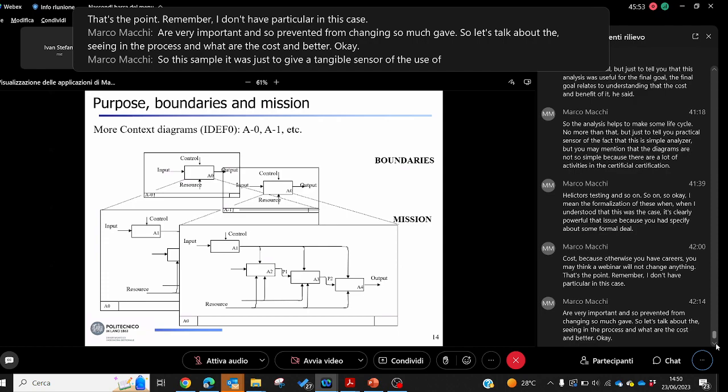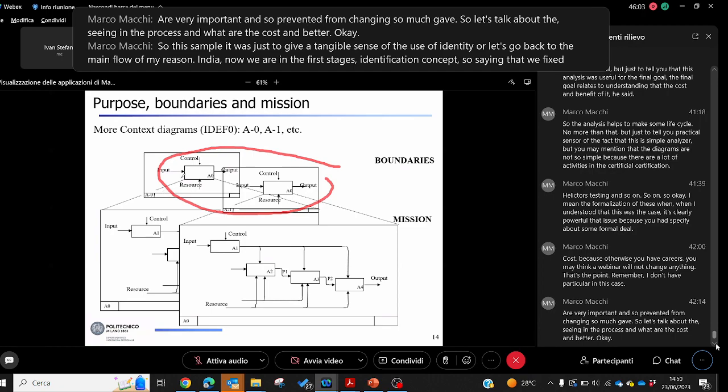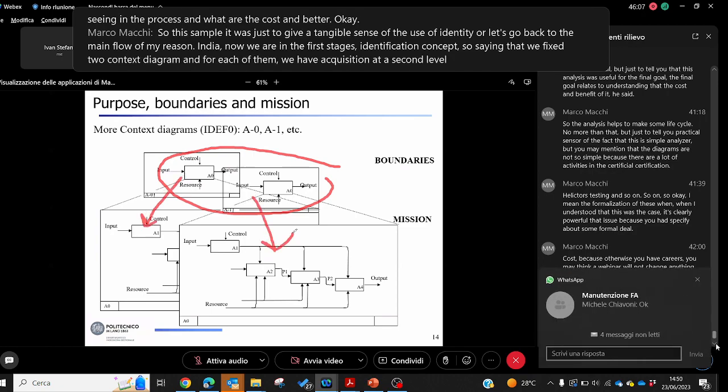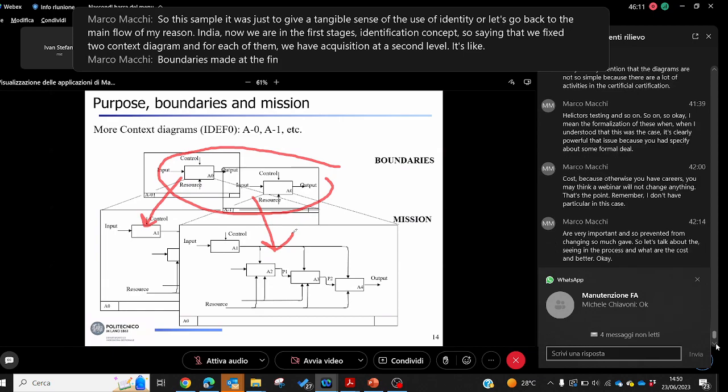So this example was just to give a tangible sense of the use of IDEF0. Let's go back to the main flow of my reasoning. Now we are in the first stages, identification and concept. So saying that we fix two context diagrams, and for each of them we have a hierarchization at a second level, is like saying we fix the boundaries and made the definition of the diagram. Okay?